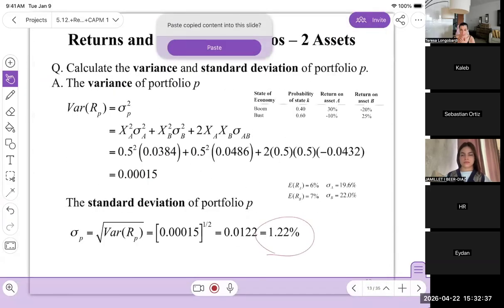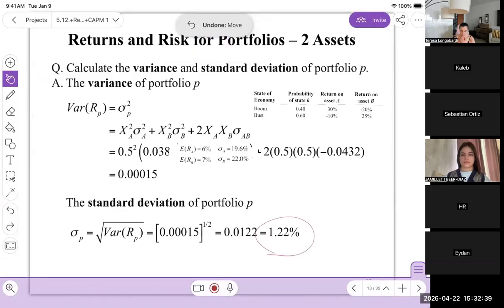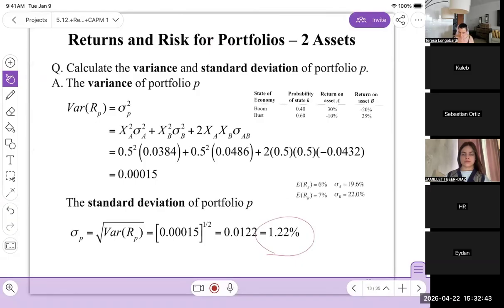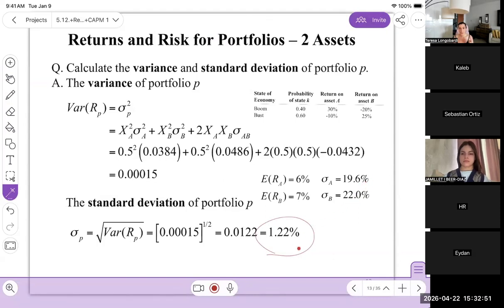So initially we have A and B with standard deviations of 20 or more. But if we have both A and B in our portfolio, the standard deviation goes down to 1.22. This is an example of diversification.